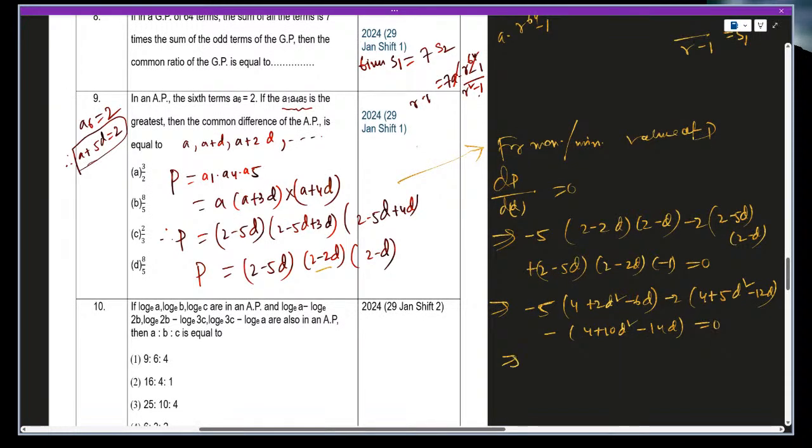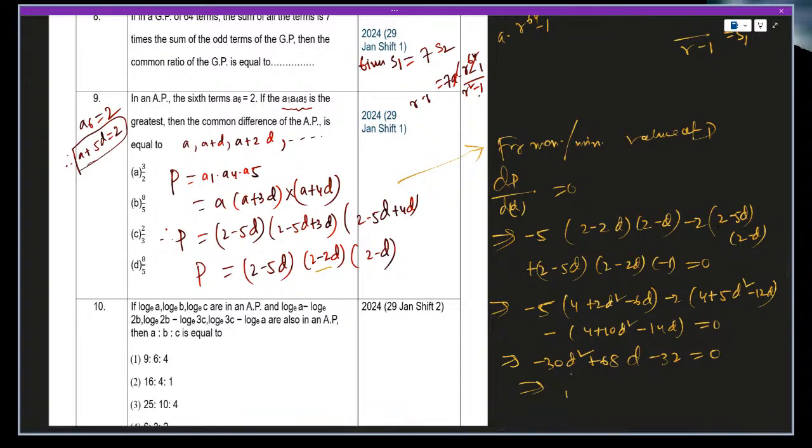Just check what is the derivative of this thing. Minus 10d square, minus 10d square, minus 10d square. Okay. 30d, 24d, 54d, minus, plus. Please check. And here, minus 28. Alright? So dP by dD is coming in this form.